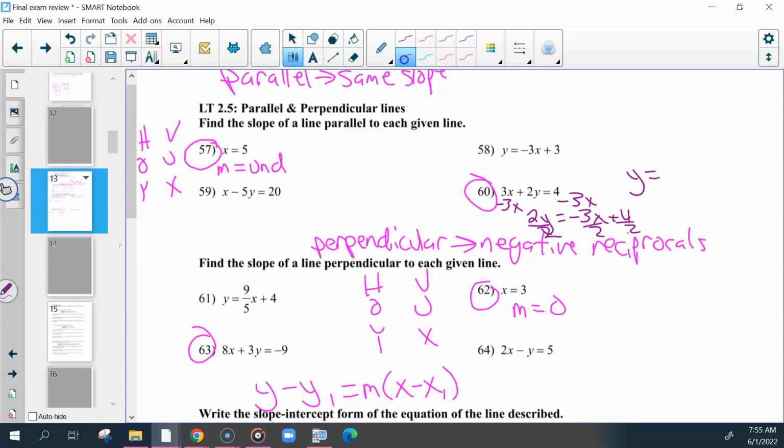So y equals -3 over 2x plus 2. If we're looking for a slope that is parallel to that one, what would your slope be? -3 over 2. Questions on that one?